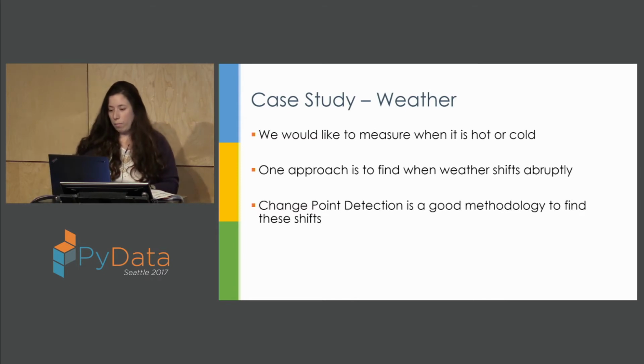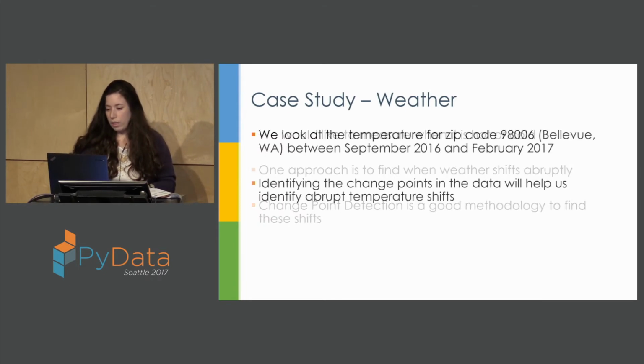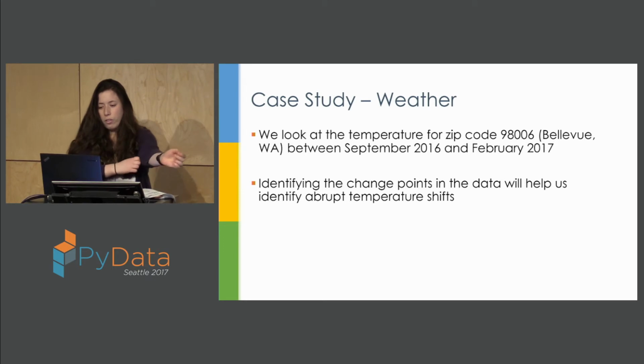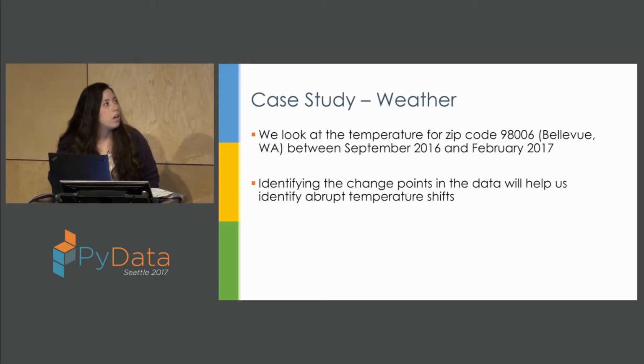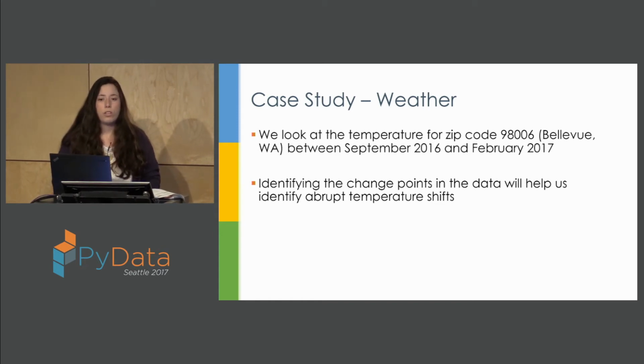So I looked at the temperature for zip code 98006, which is Bellevue. And I looked at temperature from September 2016 to February 2017.